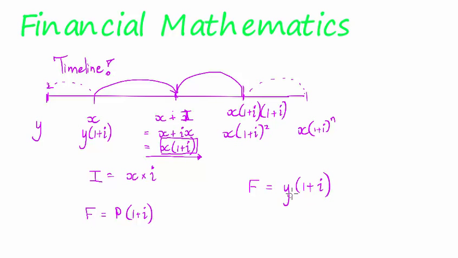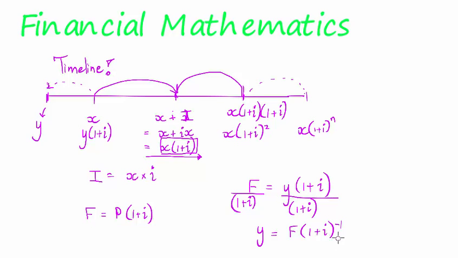Now I'm trying to get the past value, so all I need to do is divide both sides by (1 + i). Then y is equal to the future value times (1 + i) to the power of negative 1. Does that make sense?